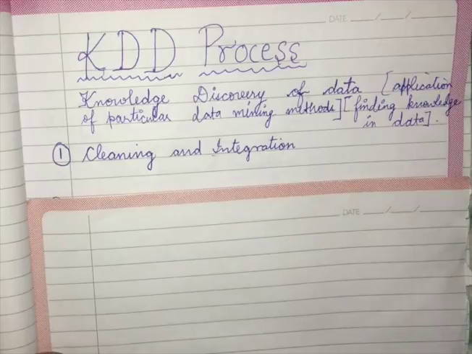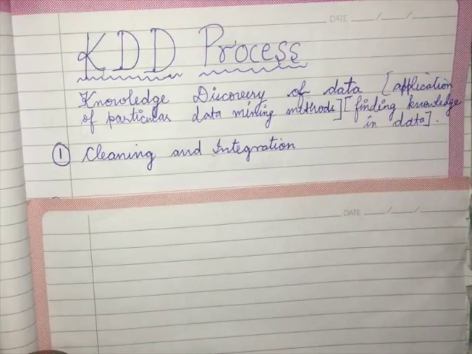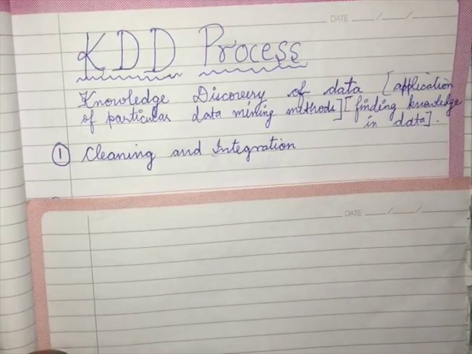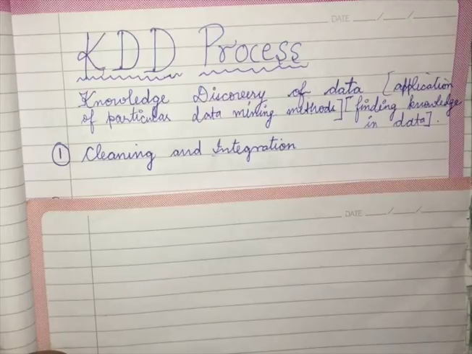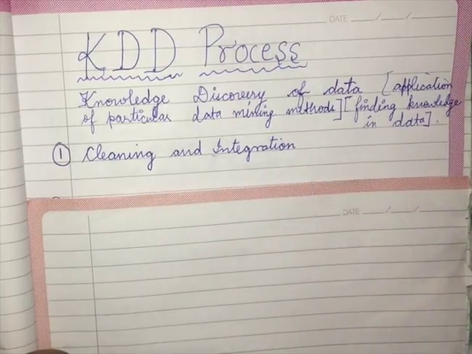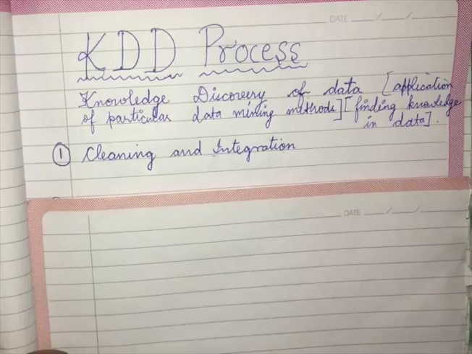For example, if I talk about a university, the library has its own records, the account section has its own records, the registrar has its own records. So when I have multiple records and I have to make a repository, that is, a big collection or a big storehouse, I will take all these records of different formats and integrate them. That is, I will combine them. That is called integration. Right now the formats are different, I have just collected them in one place.